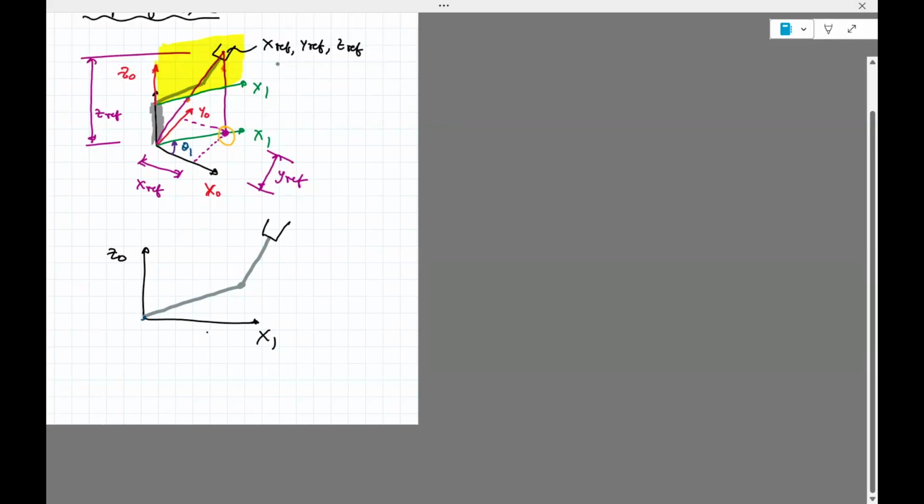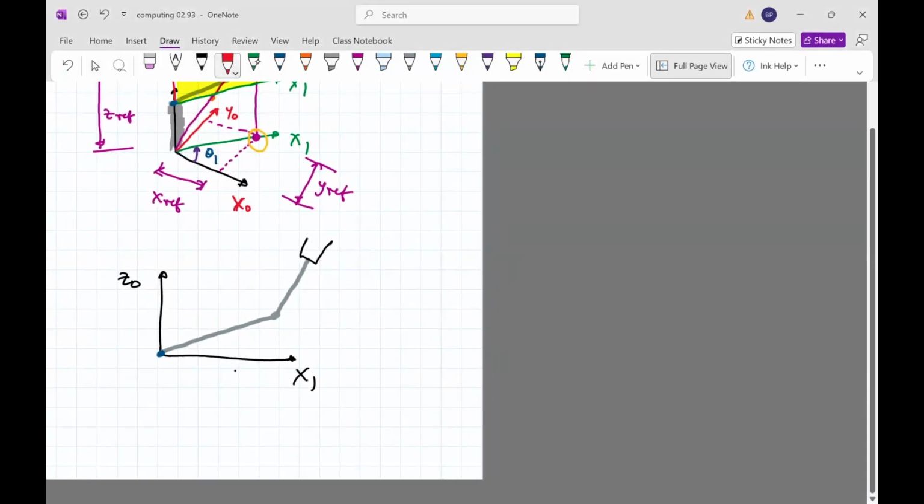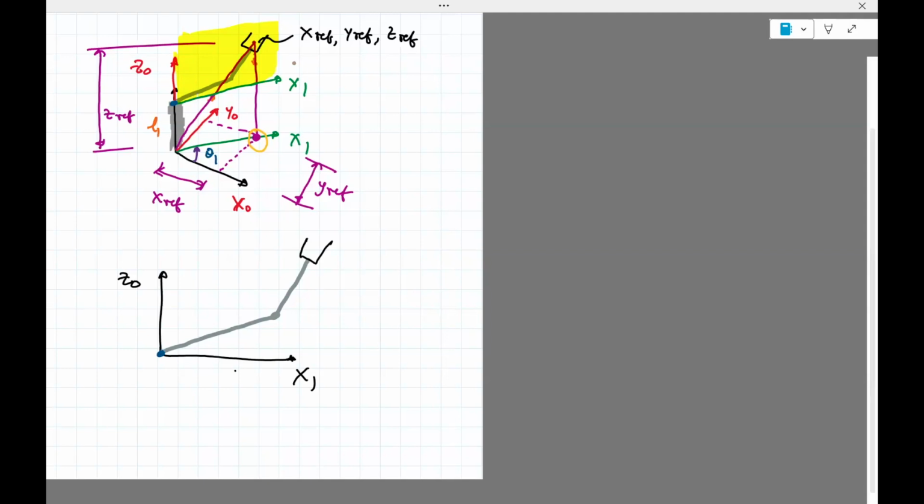First of all, this point, as you can see, it's going to be at a distance of L1. Right, so this starts at 0, L1. X is still 0, but the y coordinate, or in this case, the y is actually the z, is L1.